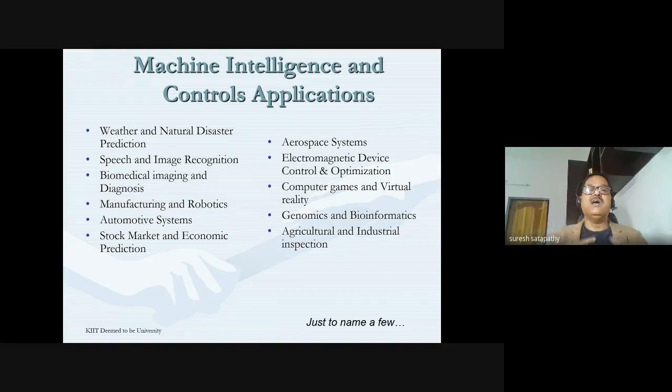Because most of the data which we will be collecting will be in this format. Most of you must be knowing about recommender systems, emotion recognition, emoji recognition. A lot of things you are doing, NLP, natural language processing. And all those inputs are nothing but in terms of some linguistic variables.